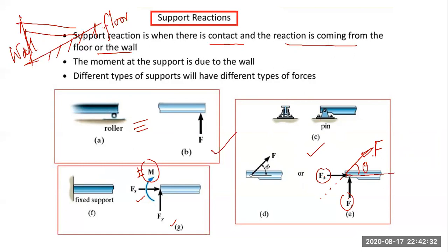The meaning is that here this F is the resultant or the equivalent force of Fx and Fy. Say this is your Fx and say this is your Fy. So what is your resultant force? F, this one.